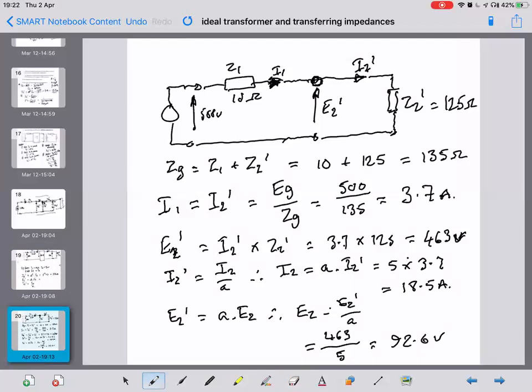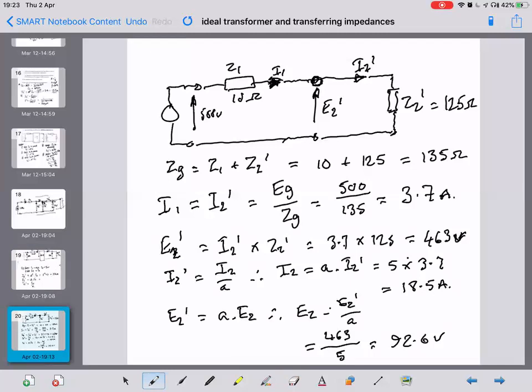Without transferring those impedances, you didn't have enough information to find the current in the primary, and therefore you couldn't find the current in the secondary. That wasn't as bad as I thought, to be fair.